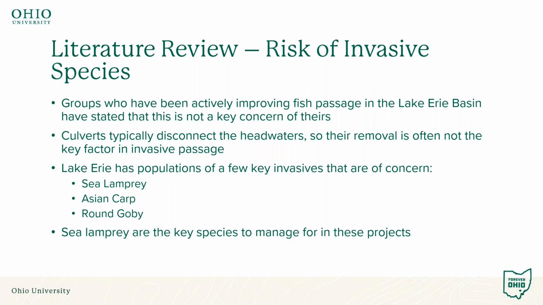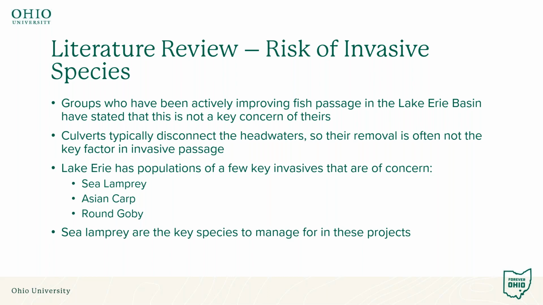One thing to consider, though, is that often these invasives are the strongest swimmers. And so I said earlier that, at high flows, we have physical connectivity through a culvert where the water rises, and so you don't have that step at the downstream end of the culvert. And so the strong swimmers can make it upstream during those high flow events.